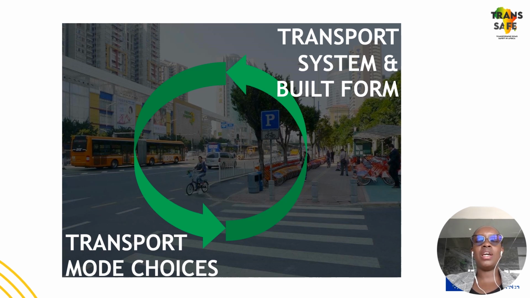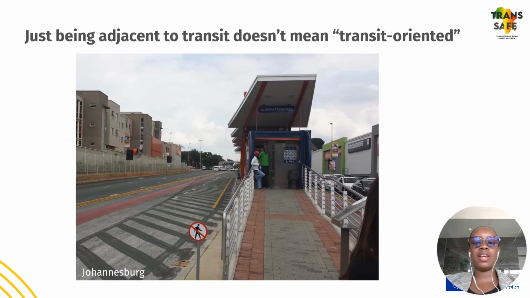So when you link the land use to the transport system, it really has a huge impact on how the residents in that area make their transport mode choices. As earlier indicated, transit development needs to complement the land use of the existing area.